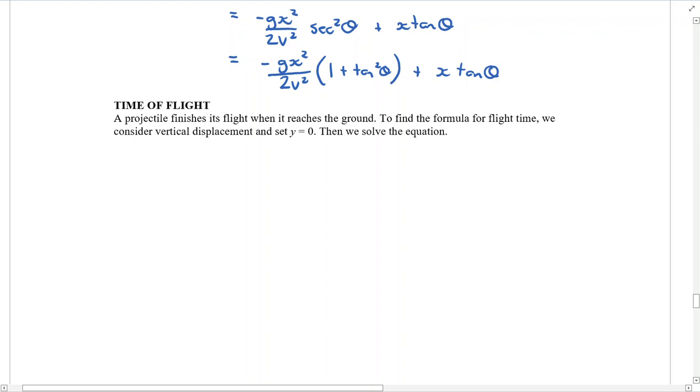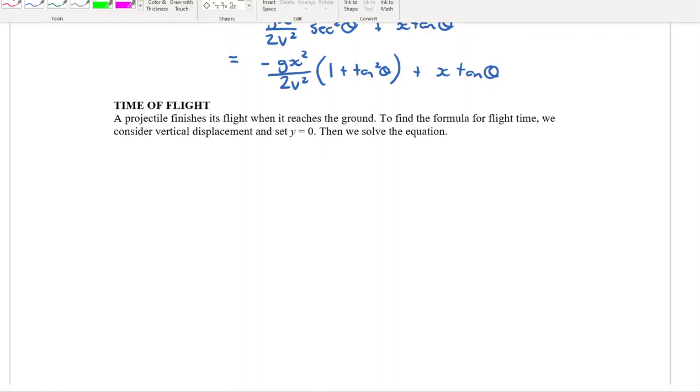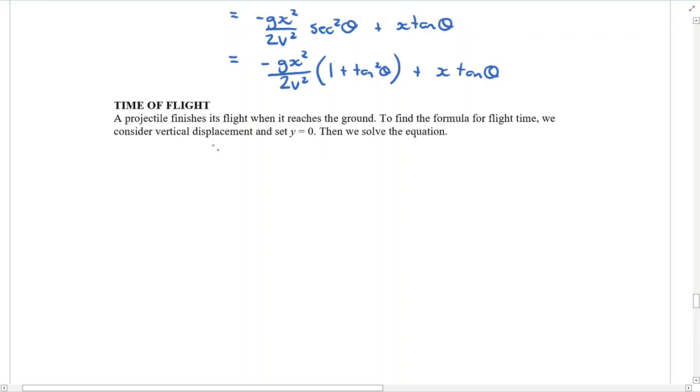So, in the table, I'm not going to derive the starting equation, but in the table, it said that y was equal to negative g t squared over 2 plus vt sine theta. Okay, that's my equation for y. I want to put in that y is equal to 0 because that's when it hits the ground.